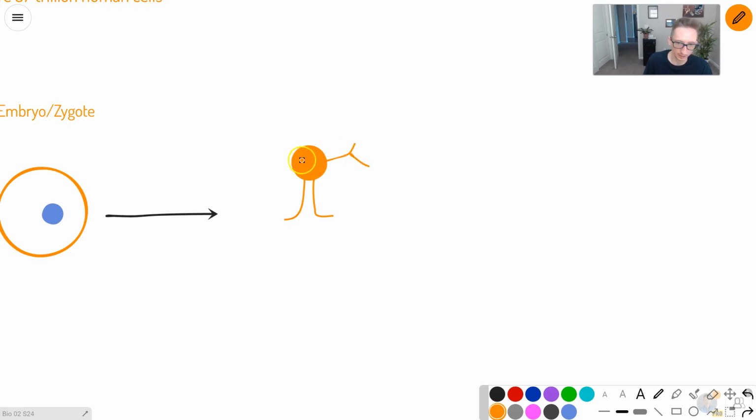Oh, that's a terrible hand. Something happened to that single cell, and all of a sudden it became a human, which is 37 trillion cells. Human cells.